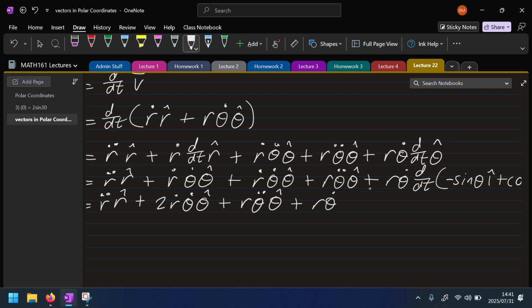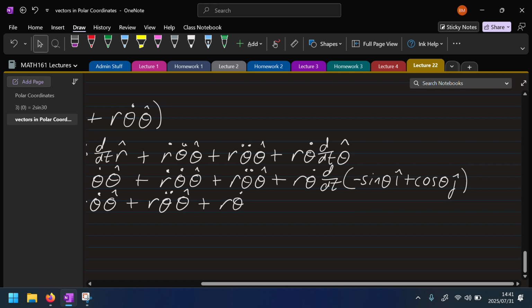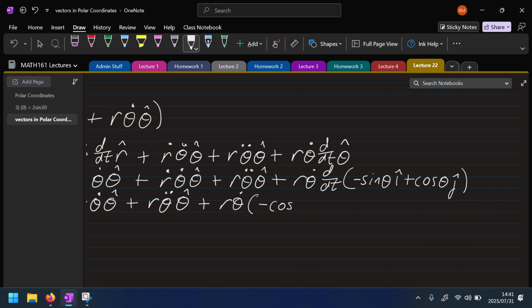Plus r theta dot. And then let's do this time derivative here. So the derivative of sine, that's going to be cos. And then we have minus sine theta dot j hat.